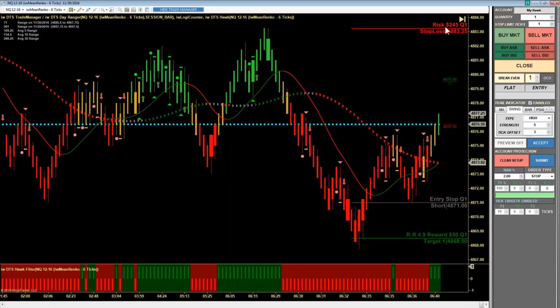In fact, this is closer to 1% because this is on a $20,000 account. But we even rolled our stops in. So even though we got tagged here for $125, that's less than 0.5% of my trading capital.